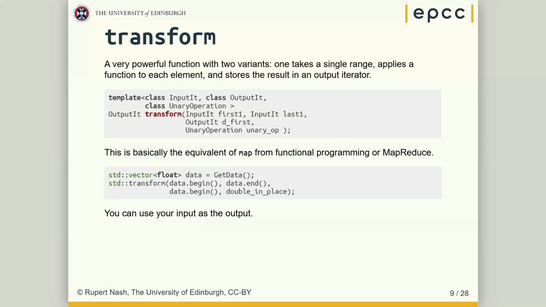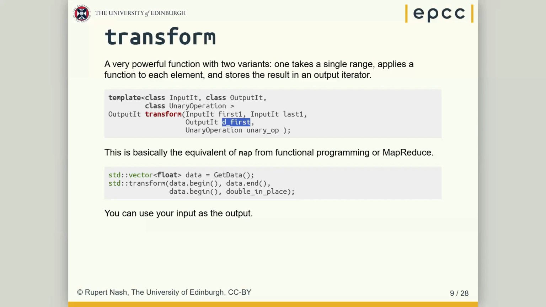But something like transform, well, we want to provide an output destination, which might give us a lot of very powerful functionality. So we have some input that starts at first and ends at last, and then we only need the output first position of the container because it has to have the same number of elements as the input, because we're going to do an operation on each element, and then we're going to put that in the output.